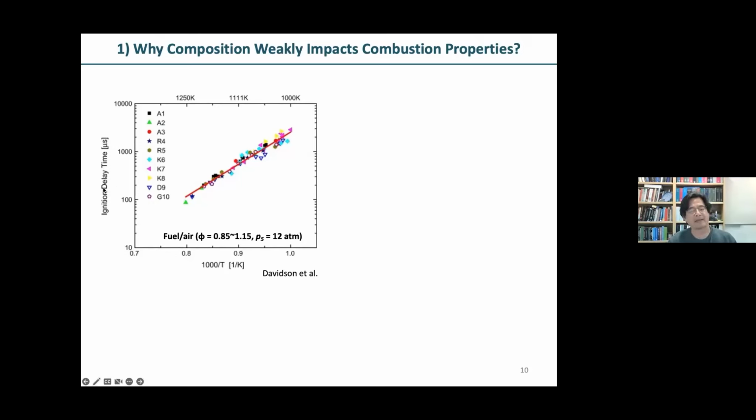And this set of ignition delay data are measured by Ron Hanson's group and David Davidson. What you notice is that under a comparable condition, the ignition delay time of a real fuel all clustered around a very small band. In other words, when you get to a real fuel, the ignition delay time is not dependent on what fuel it is, and therefore their composition.